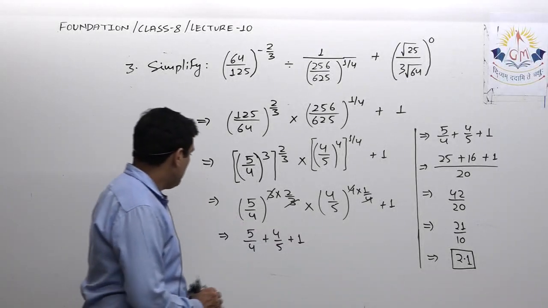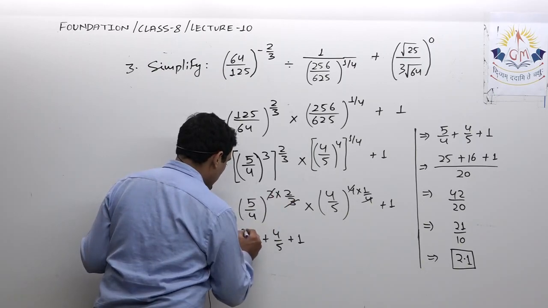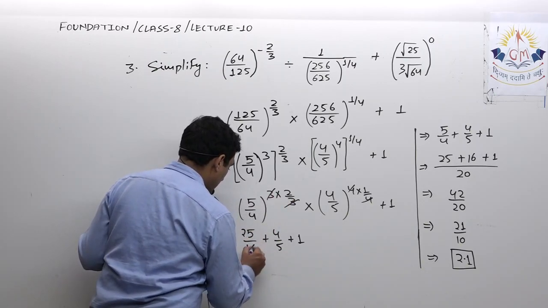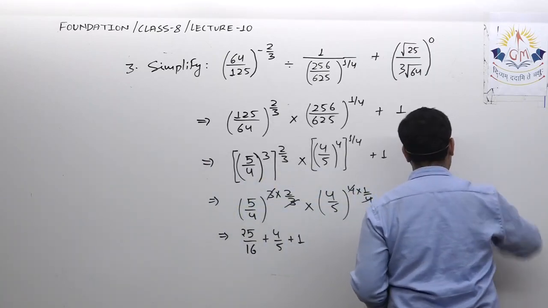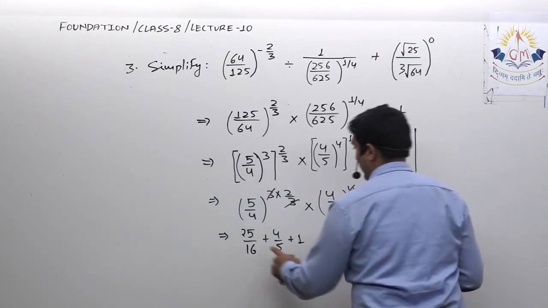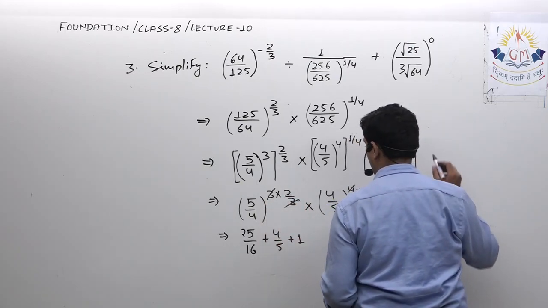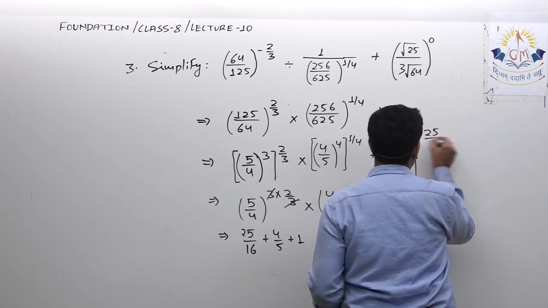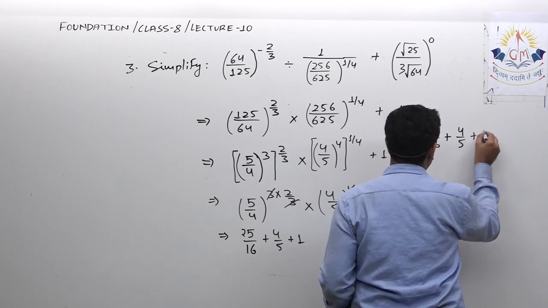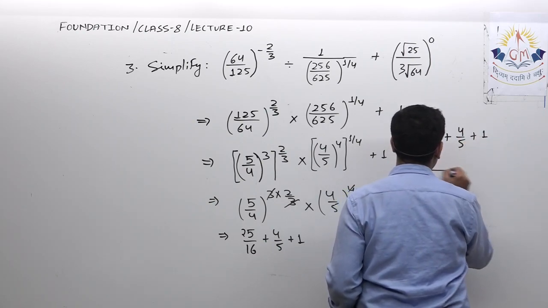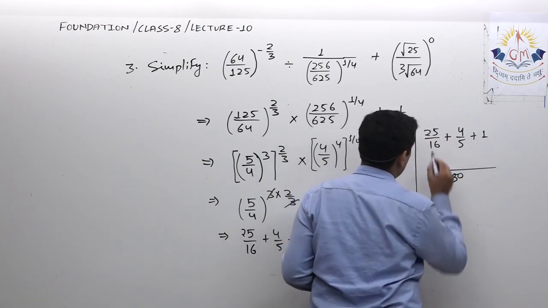Okay, there is a mistake over there. Here it should be actually 25. It is square, so it should be 25 upon 16. So I have to take the LCM once again. Because this 2 is left over there, so 5 is square, 4 is square, 25 upon 16. So this is 25 upon 16 plus 4 upon 5 plus 1. So here LCM will be 80 actually.